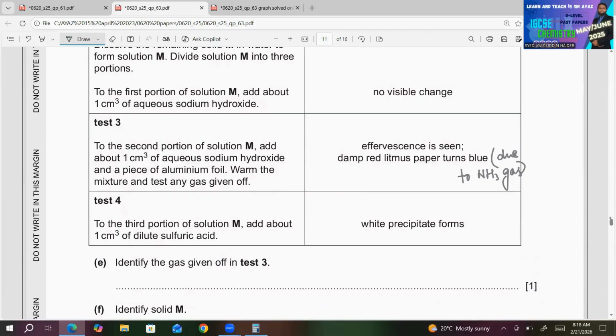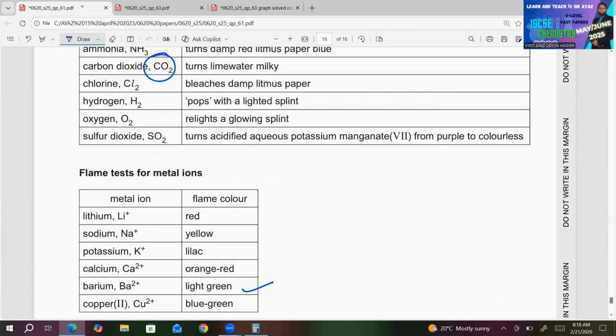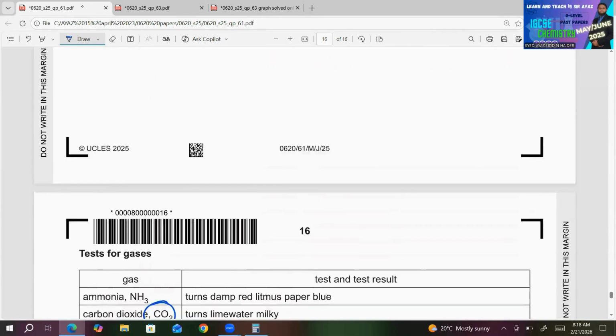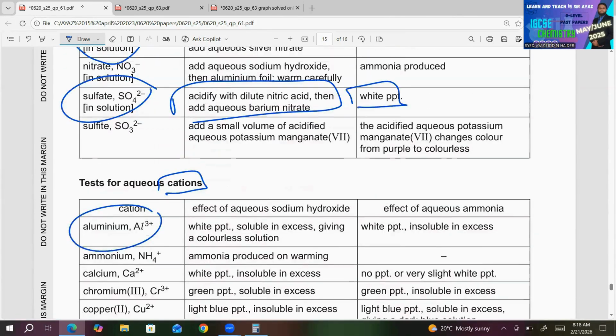Test 4. To the third portion of solution M, add about 1 centimeter cube of dilute sulfuric acid. White precipitate forms. Now, if you look at the test for the anions, here's the test. For anions, there's a sulfate test. If sulfate ion will be there, it will be reacting with the barium of barium nitrate to produce white precipitate.